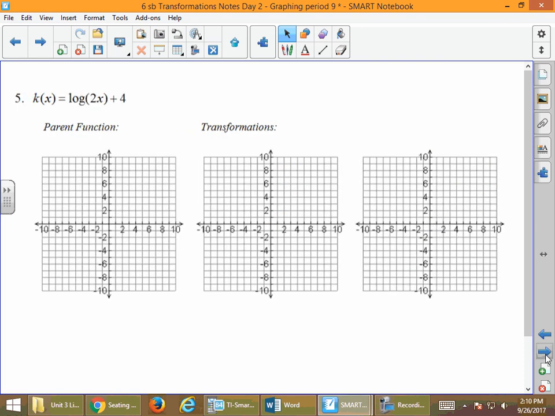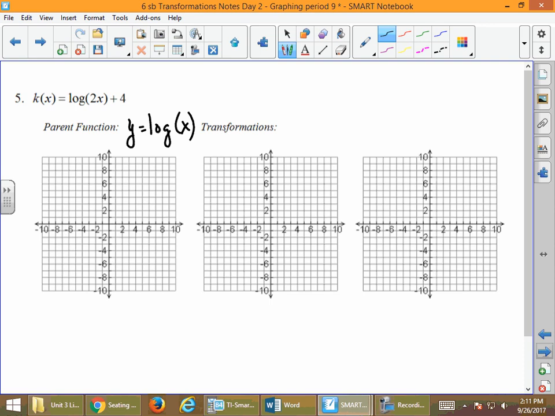The rest of them will be a little bit easier to see. Remember, what's critical is, can you get the basic picture with at least a couple of key points on the graph? So here for our parent function, we have y equals log of x.